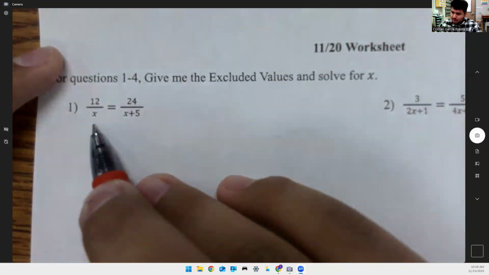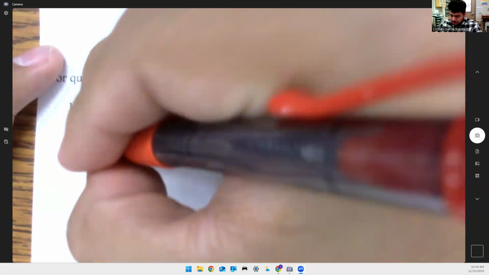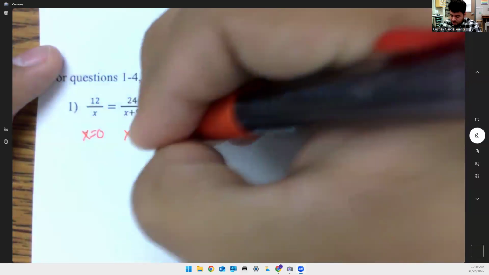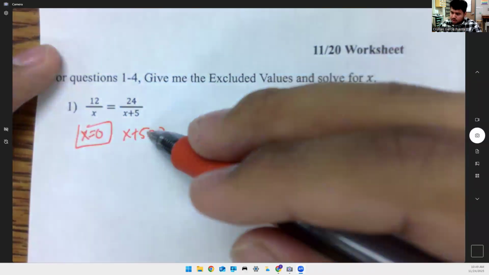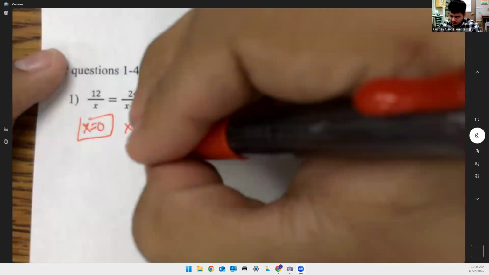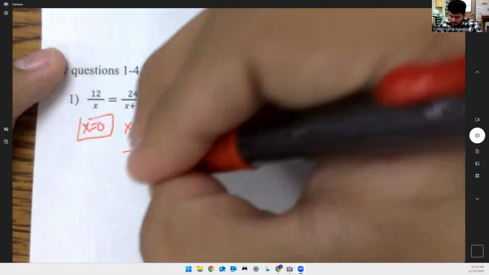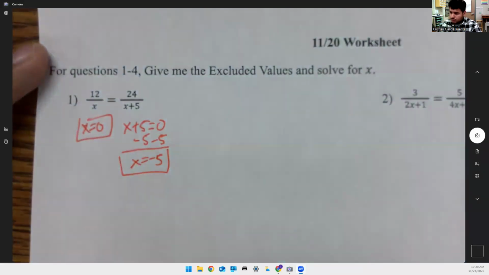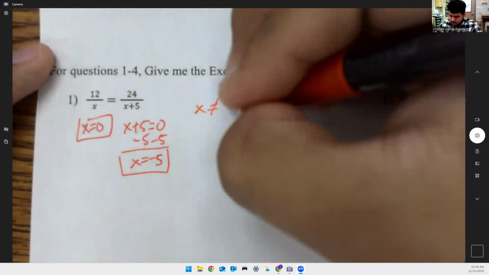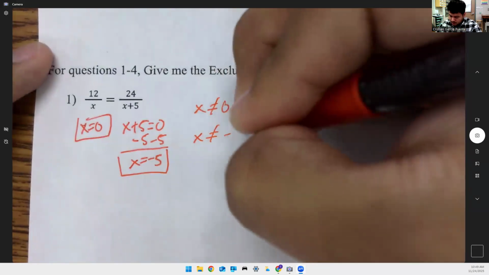So it's your excluded values, so make the bottoms equal to 0. So x equals 0, x plus 5 equals 0, and then solve for x. So you're already done with the first one. You have to subtract 5 on both sides to get the second one. So you get x equals -5. Boom. So x cannot be 0 and x cannot be -5.